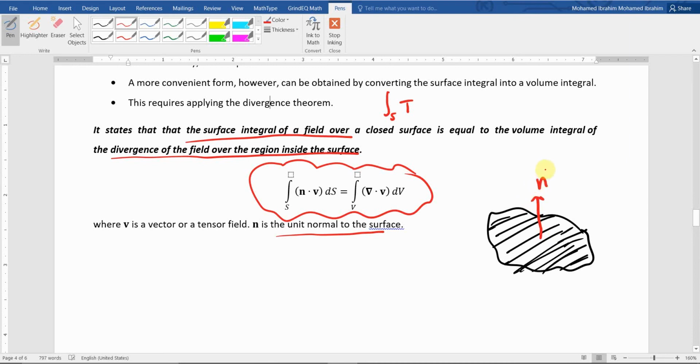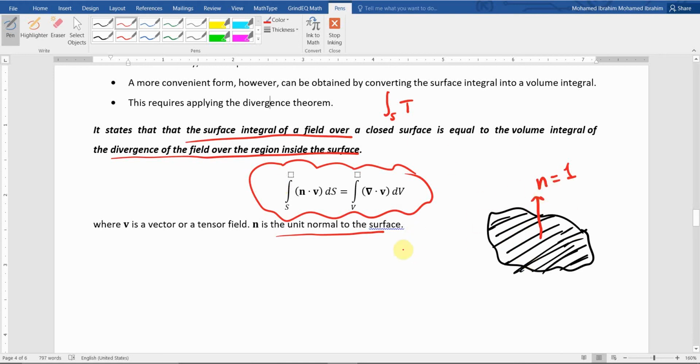This is the n vector, which is the vector that is normal to the surface itself, and this vector has a value of unity, of 1. So we're going to say that this is the normal. Any surface is distinguished from any other surface by its normal, by its unit normal, to be more accurate. So this is the unit normal of this surface, right?